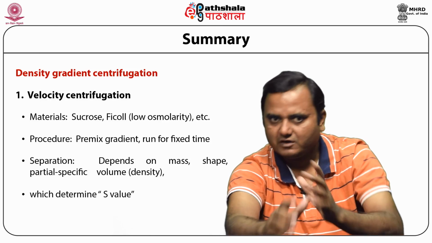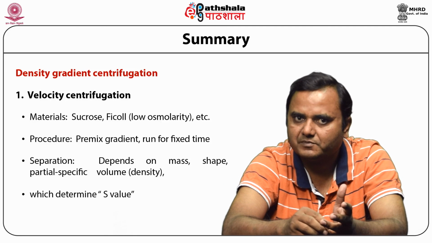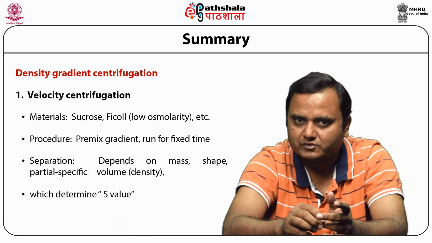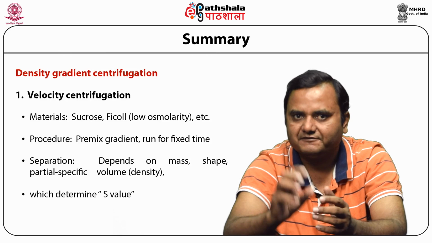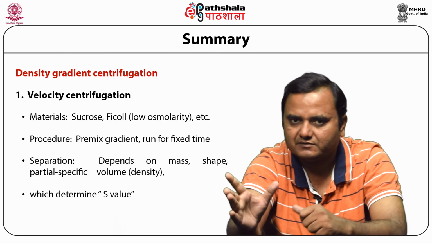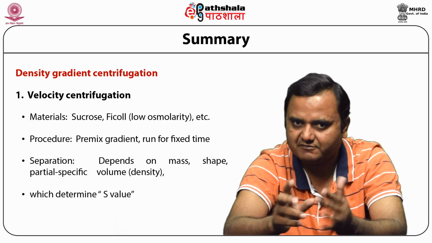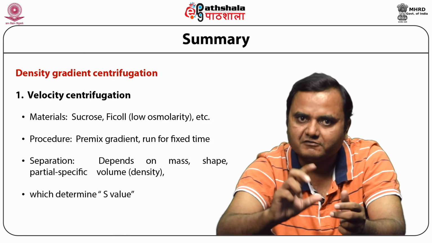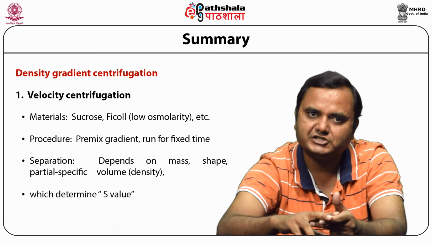So now you are all familiar with the isopycnic method, differential centrifugation, and rate zonal centrifugation. Then we discussed the factors affecting the separation of molecules during both processes, the advantages and disadvantages of both processes, and which method can be preferred over the other.